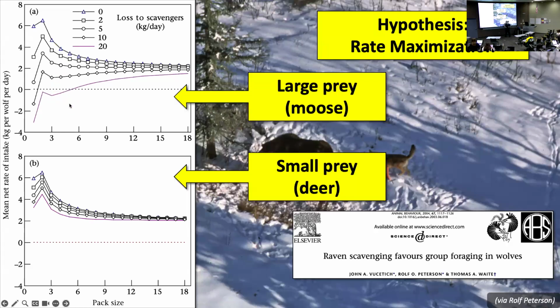So across a habitat where you don't know exactly what the scavenging load is going to be, we'd expect the model predictions to be in this range. And for this whole range, you get a pretty much flat fitness function across these group sizes, which might explain why, if you look at Isle Royale, you get a huge variation.